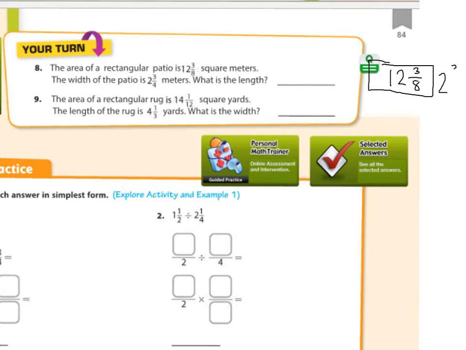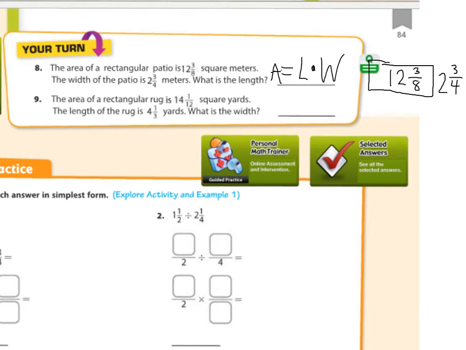So they already did the math and found what the area is, and you're working backwards. And you have to remember the formula for area. Area equals length times width.